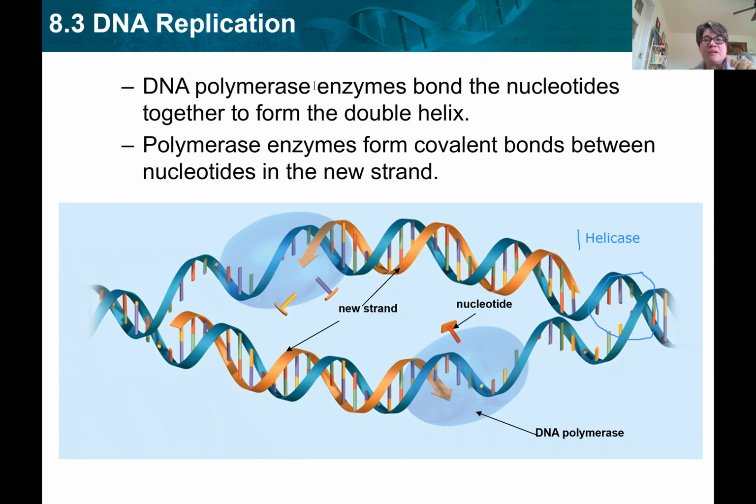And then another enzyme that you have right here is called DNA ligase, and that's what glues the backbone back together. Ligase means like glue, so it's gluing that back together. Okay, I'm gonna clear these.